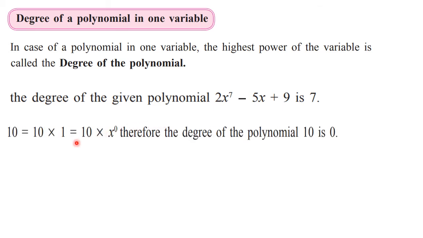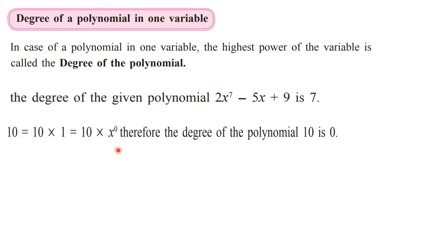Now if we have a constant polynomial, we have just seen the meaning of constant polynomial. The polynomial where only a constant number is present is called a constant polynomial. As I have explained previously, 10 we can write as 10 into x raised to 0.